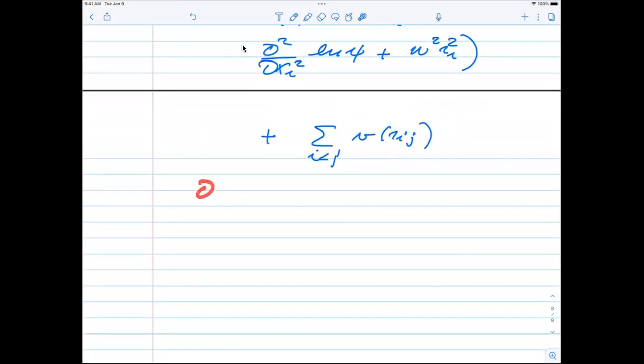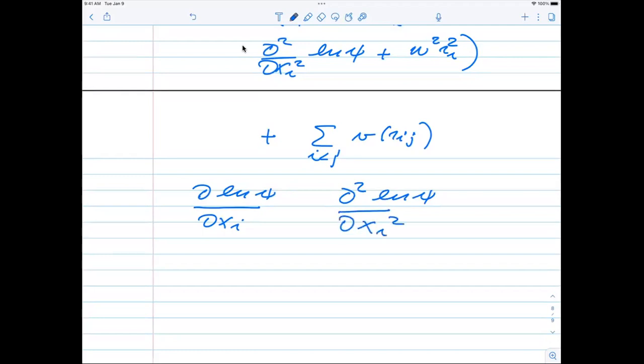So what you need now, we already have this d ln of psi with respect to dx_i. We need also the d ln of psi with respect to x_i again, so this is the second derivative.